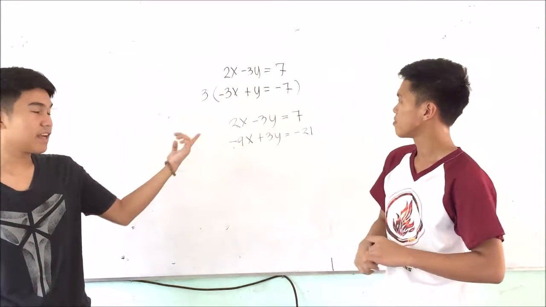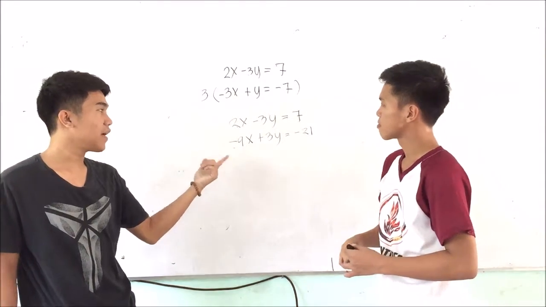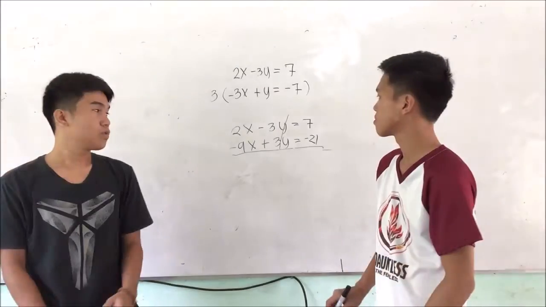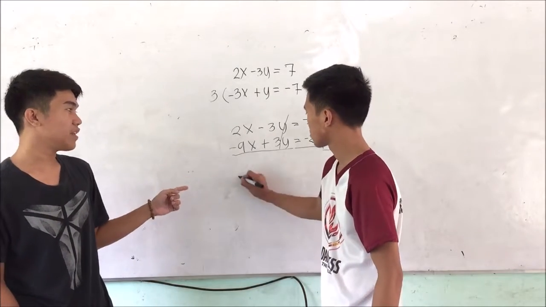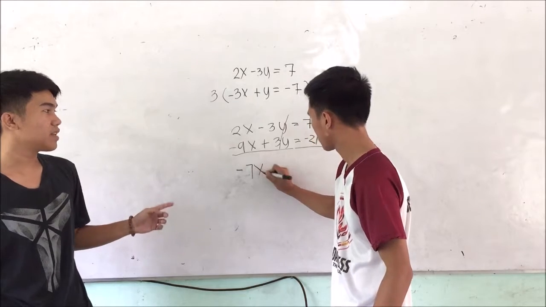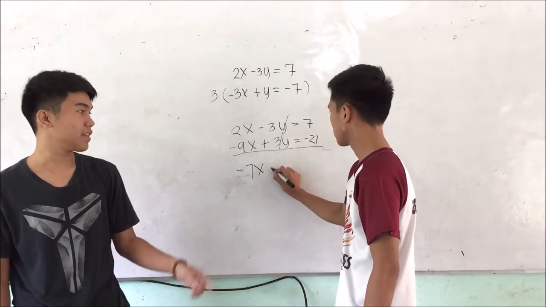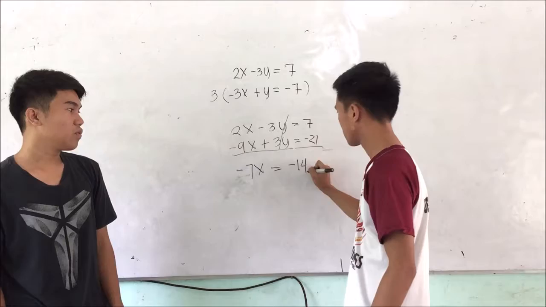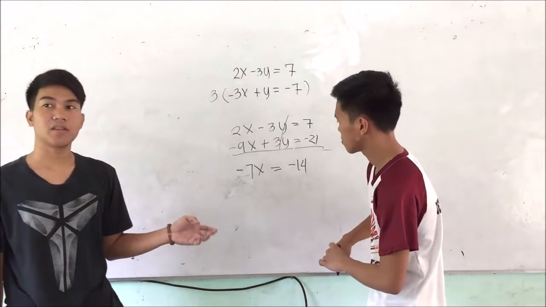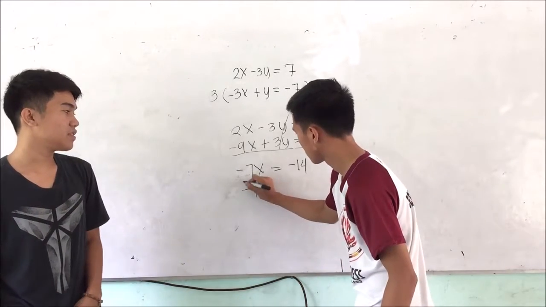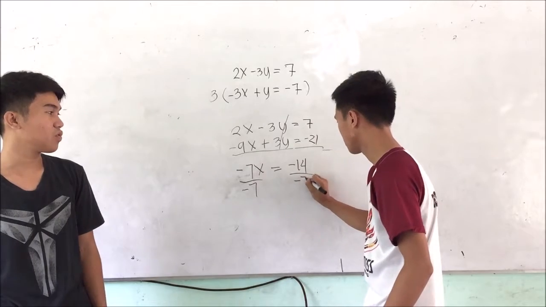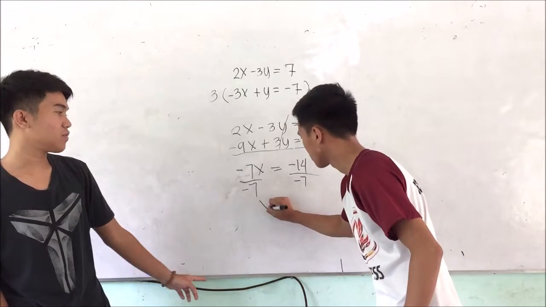As you can see, negative 3y and 3y can be eliminated. 2x plus negative 9x is negative 7x, and 7 plus negative 21 is negative 14. Dividing negative 14 by negative 7, x equals 2.